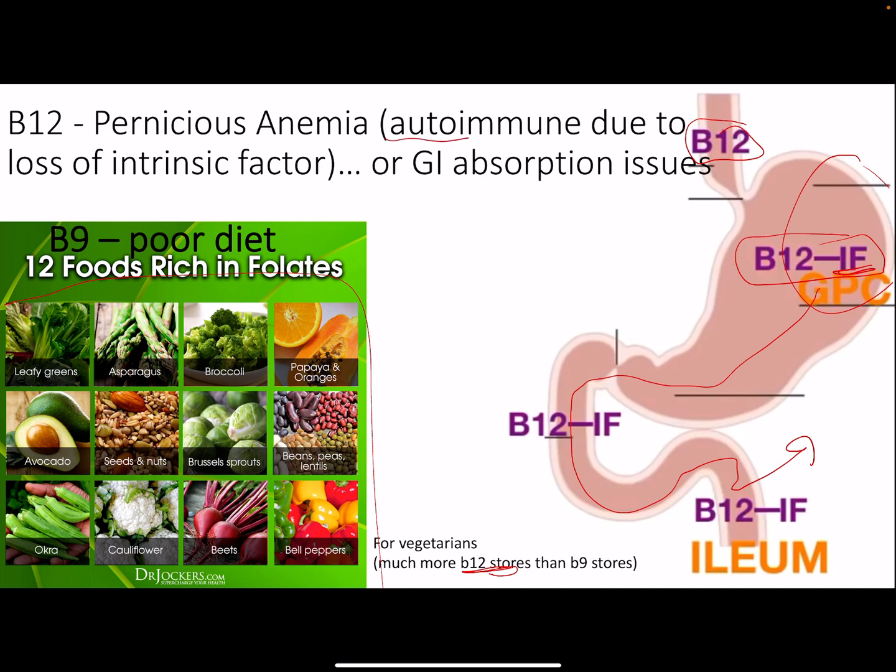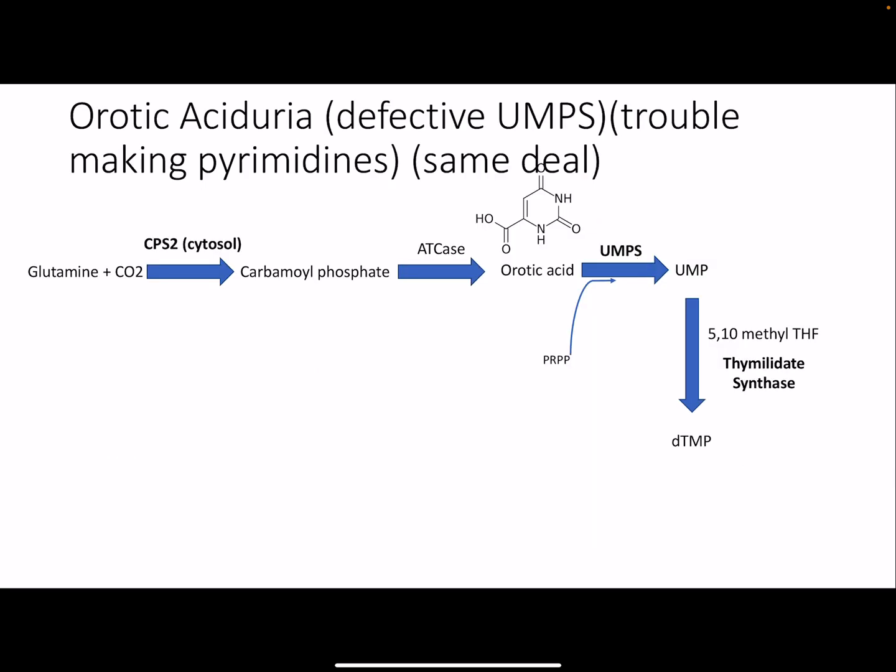But pernicious anemia is you have autoimmune attack of these parietal cells, which destroys the intrinsic factor, which means the B12 will not be absorbed. Alternatively, maybe you have celiac disease. Maybe you had a gastric bypass and you're bypassing your duodenum. There could be various other reasons why you're having difficulty with absorption, but probably the most likely is the B12 pernicious anemia reason.